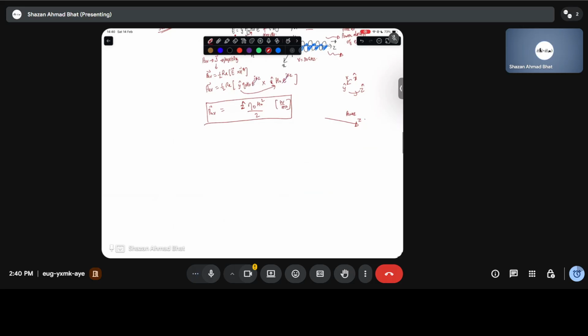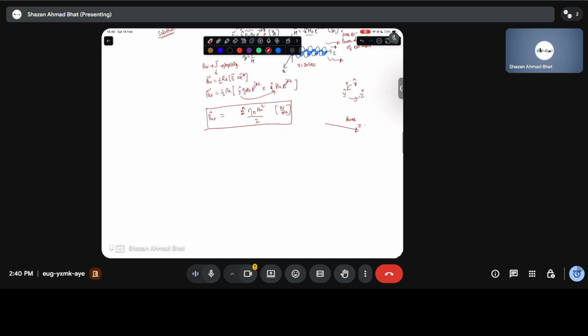Now this is basically the time average Poynting vector. So this is not the time average power density, it's the time average Poynting vector. Okay. Now the time average power density, you know that you have to use the value. So you have computed the time average power. It is exactly the density because it's in watt per meter square here.